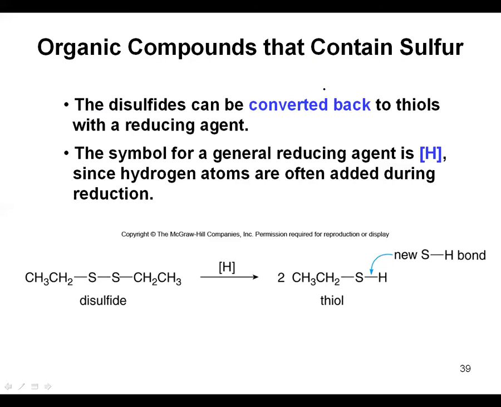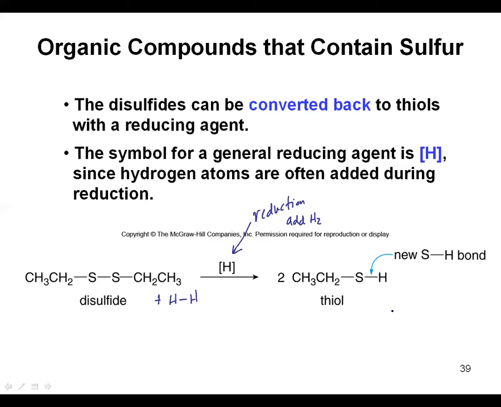Obviously, you could do the opposite of that, like we talked about. The opposite of an oxidation reaction is a reduction reaction, and that's essentially what that arrow stands for, like I showed you before. Remember, the definition of reduction is really adding H2. So essentially to this, we're going to add H2.